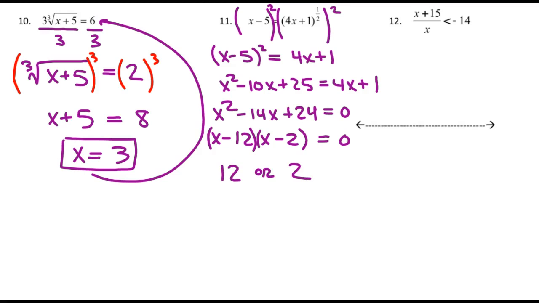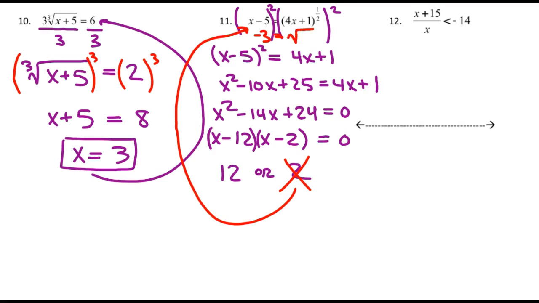Check for extraneous solutions. In this case, 2 is not going to work because when I put 2 in for that, it's going to be a negative 3, and the square root of 4x plus 1 is not going to equal a negative. The smallest that could be is 0. So that's extraneous. So the only one that works here is going to be 12.